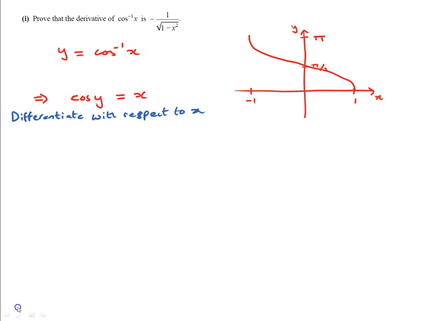If we differentiate this with respect to x, then we get minus sine y dy by dx. So that's a little bit of implicit differentiation, equals derivative of x with respect to x is just 1.